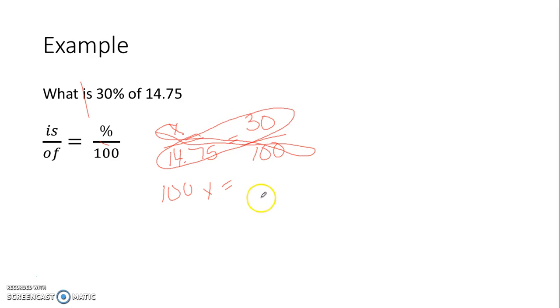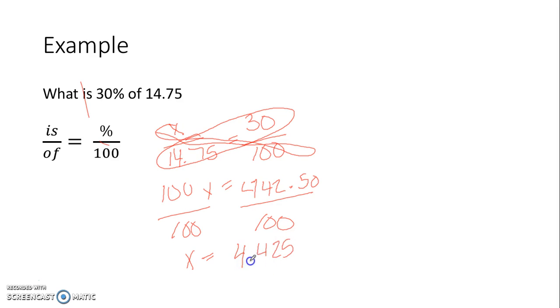1475 times 30 is 44,250. Then we're going to divide both sides by 100 to get x all by itself, so x is equal to 442.5.